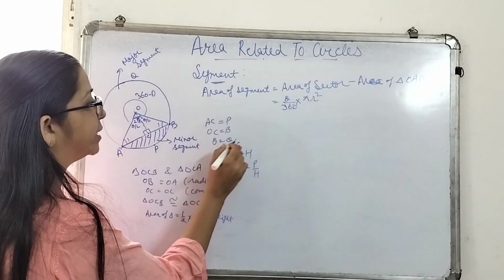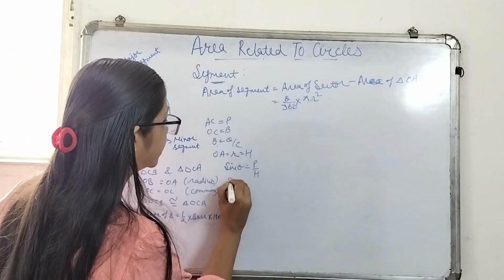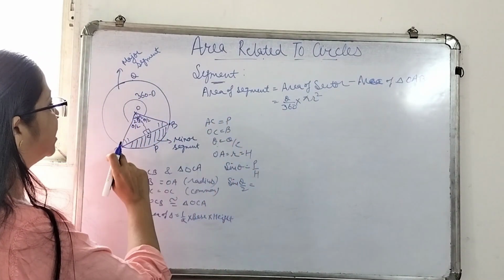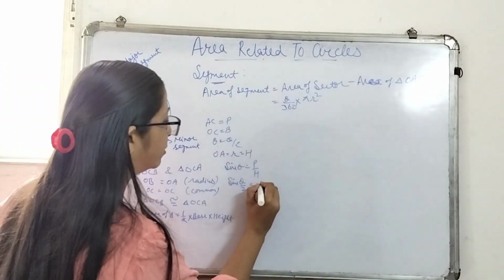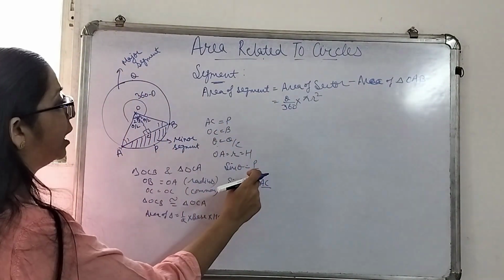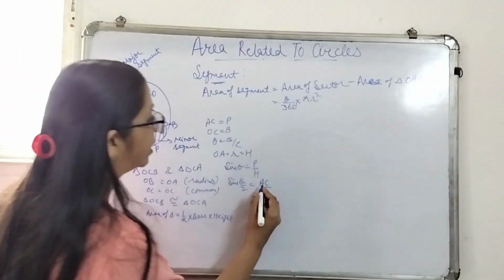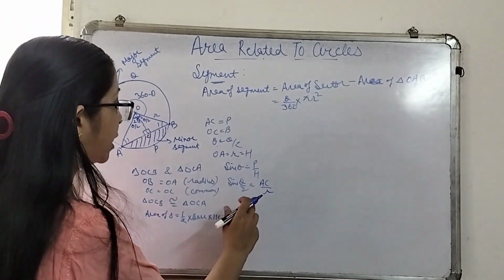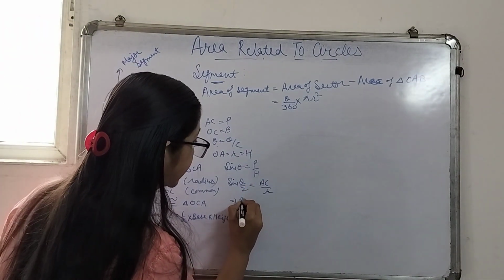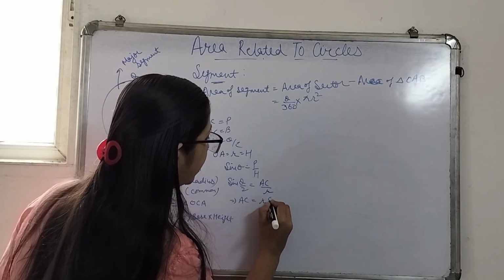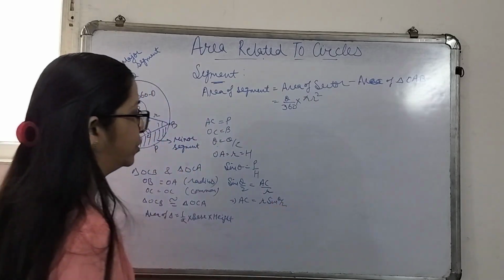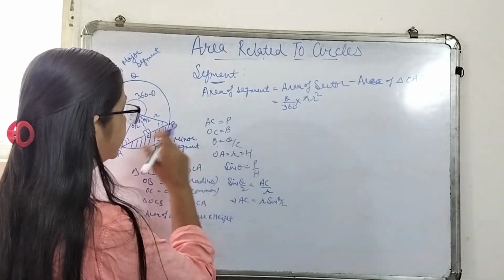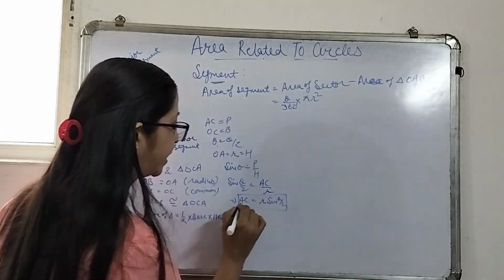Here the angle is theta by 2, so we take sine theta by 2. It is equivalent to perpendicular, that is AC, upon hypotenuse, which is the radius R. Now from here we can say that AC is equivalent to R multiplied by sine theta by 2. Theta by 2 is half of the central angle and R is the radius of the circle. From here we have got the value of AC.